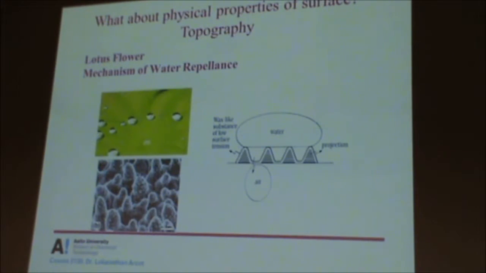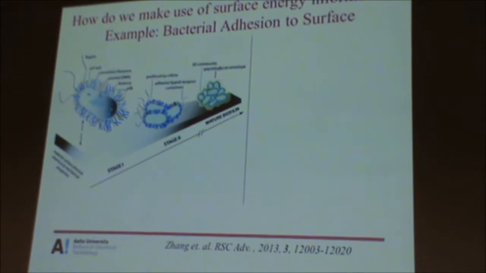So the interfacial free energy here is not just dependent on the liquid and the surface, but it also depends on the liquid and the gas. So this is one example where we use surface roughness, a physical property, to change the surface energy of solid surfaces. Here I'll give an example of how to combine all this.